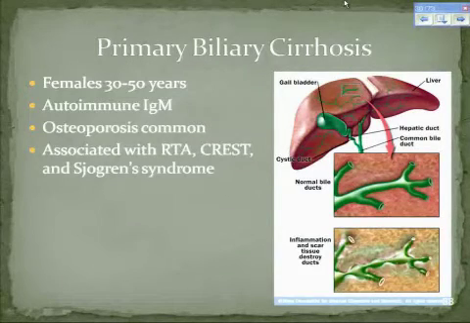Well, with the autoimmune phenomenon, these bile ducts are actually attacked, and they literally begin to disappear. So now the body can't get rid of the bile, and you get very high levels of unconjugated bilirubin, or even portions of conjugated bilirubin, depending on how extensive it is, because you can't get rid of any of the bili.